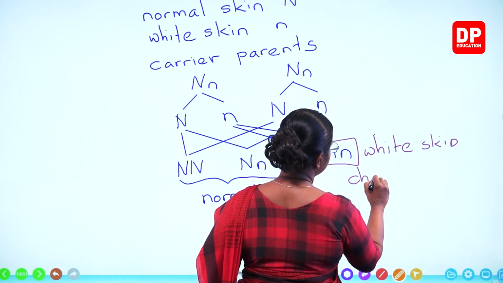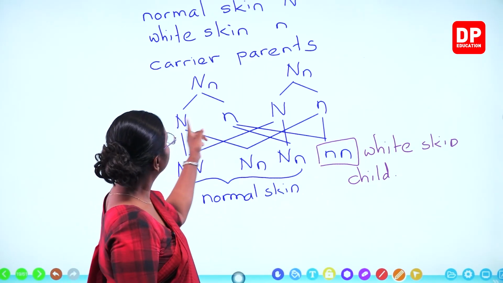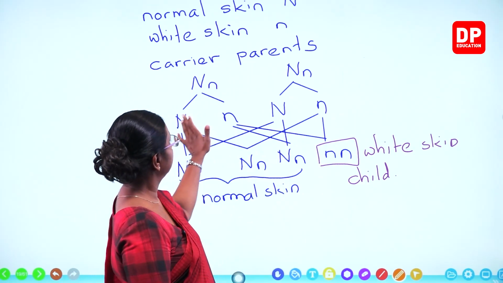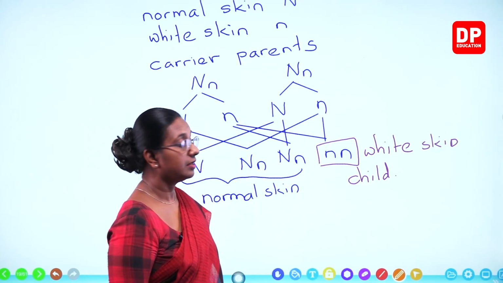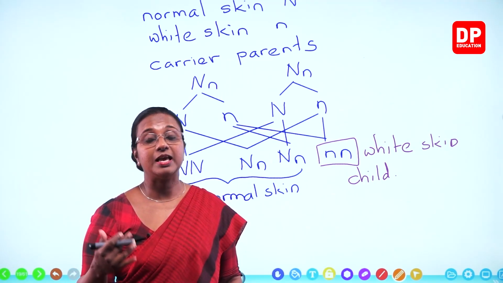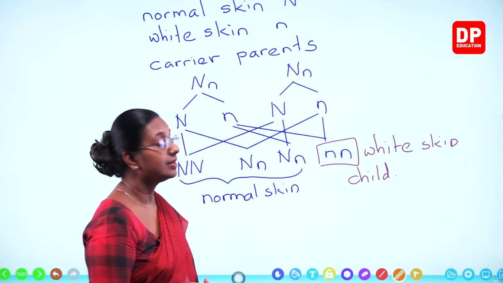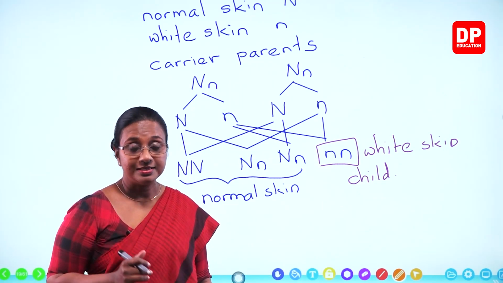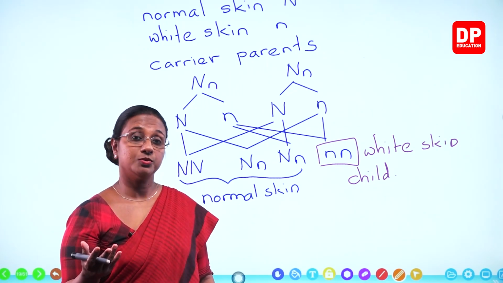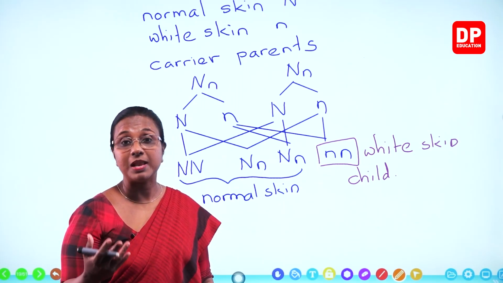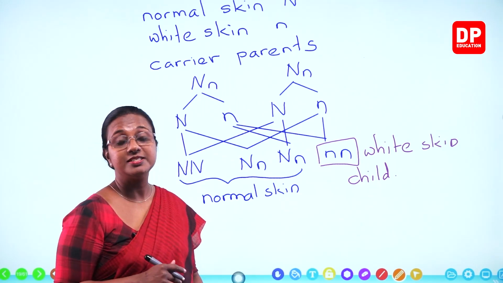So the child who got the white skin, although the parents had normal skin, they were carriers. So because of that, in the child, both the genes became recessive and the character was expressed and the child got white skin. Is that okay? So this is what we discussed before also. When there are marriages among blood relatives, there is a possibility the recessive genes are there.